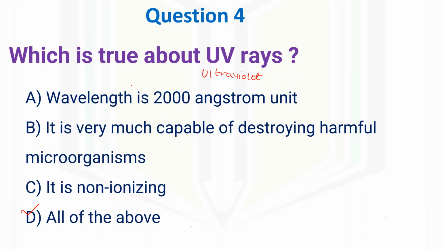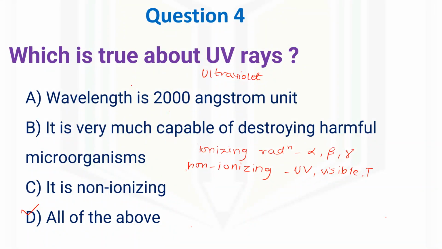So there are three types of ionizing radiations, which are the alpha, beta, and gamma, while the non-ionizing ones are like the UV radiation, ultraviolet rays. Then we have the visible rays, which are also non-ionizing.